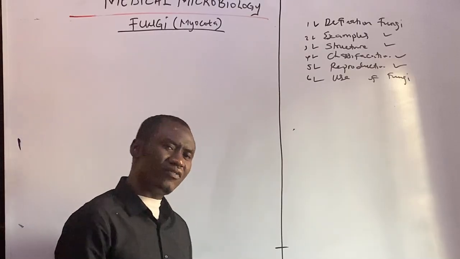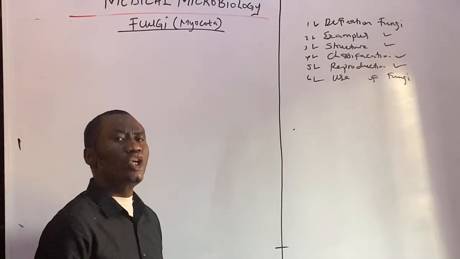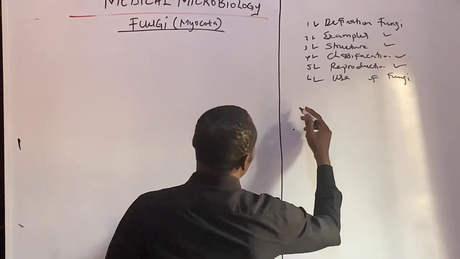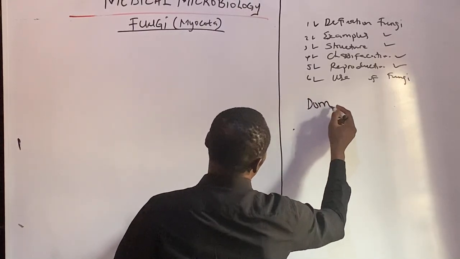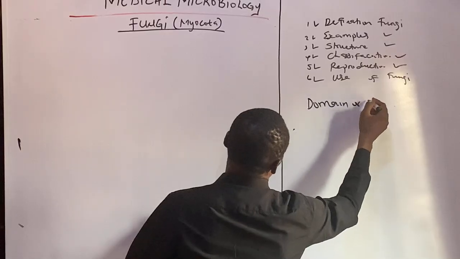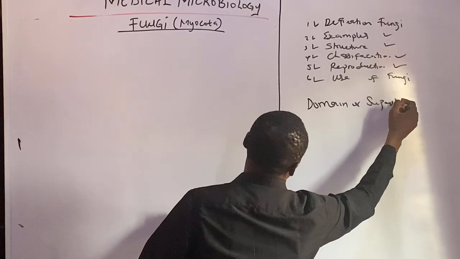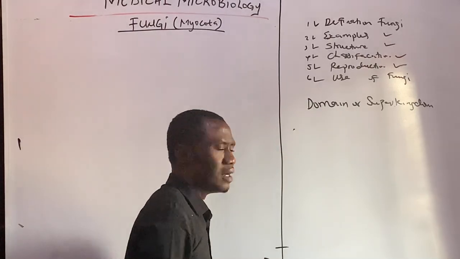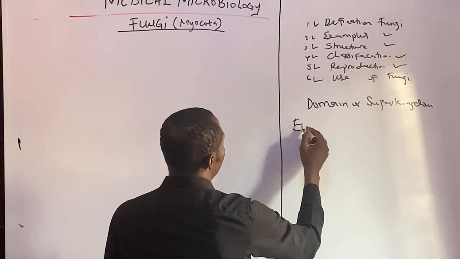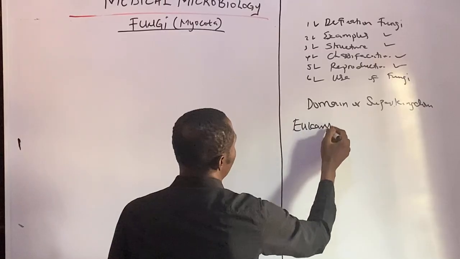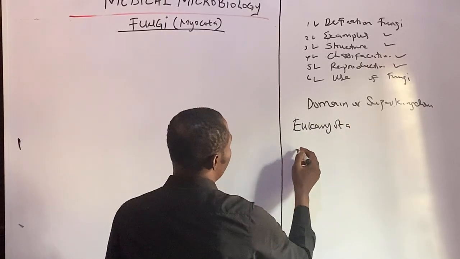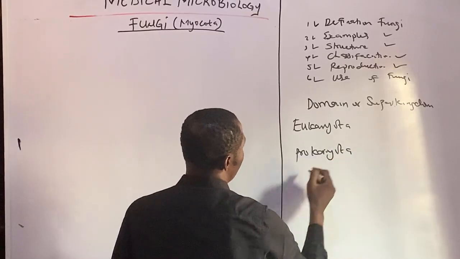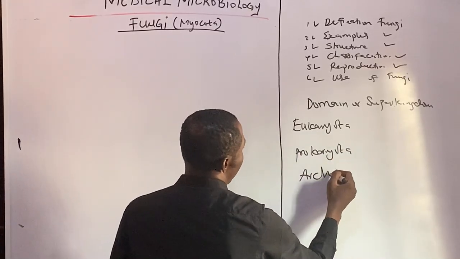We want to define fungi. How do we define fungi? You need to understand that fungi belongs to the domain or the super kingdom. We have super kingdom Eukaryota, super kingdom Prokaryota, and super kingdom Archaea.